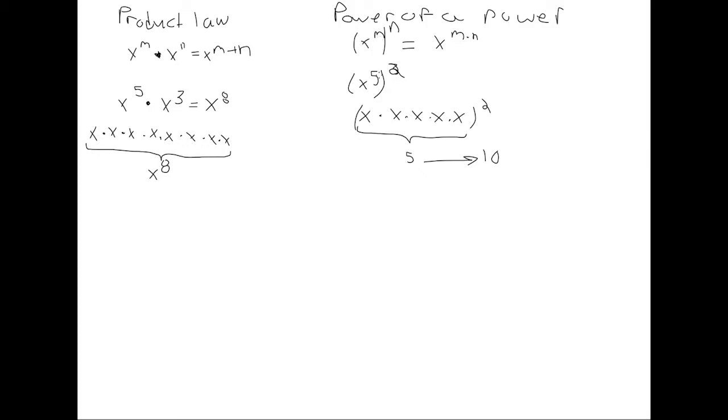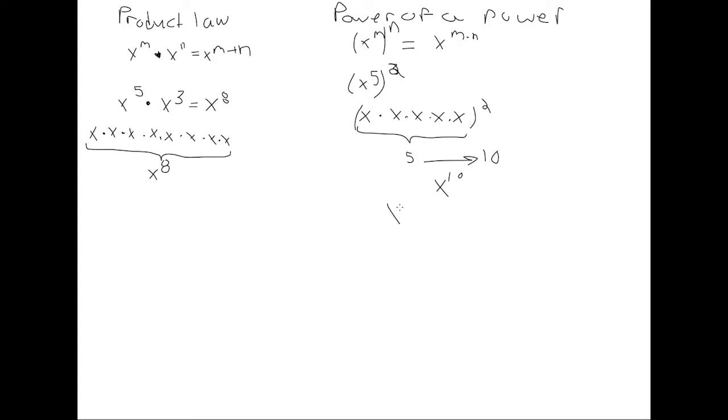So you can see that whatever power is here, you can multiply it by n to get how many x's you're actually multiplying together. In this case, it would be x to the 10, because you have 5 x's multiplied in the brackets, and you're squaring that, which means you're getting 2 of every single x and multiplying them together.